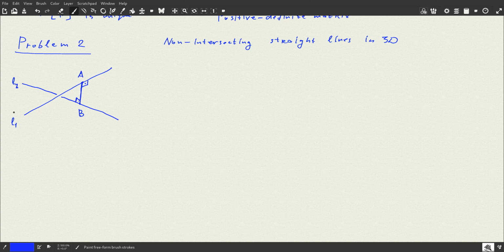You can think of, in this case, lines L1 and L2 lying in two parallel planes. So this would be, for example, a plane of the first one. This would be the plane of the second one, and AB being the distance between these two parallel planes.